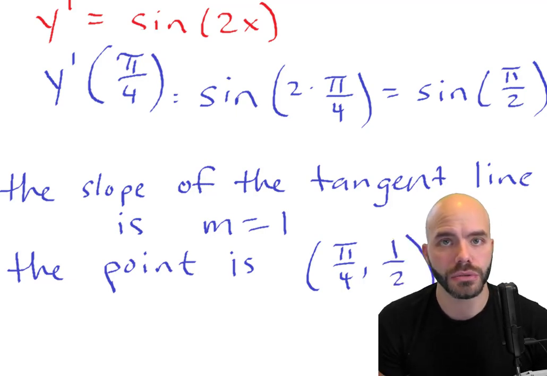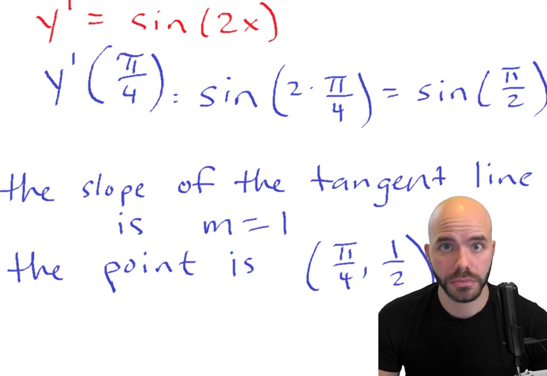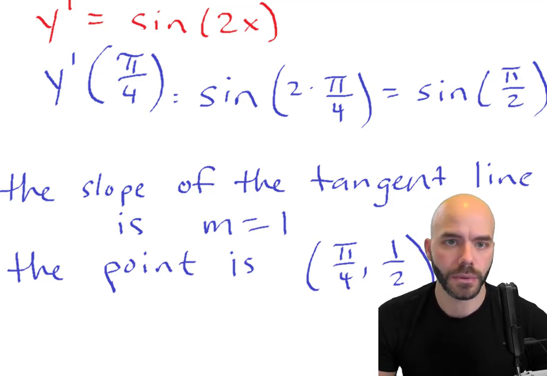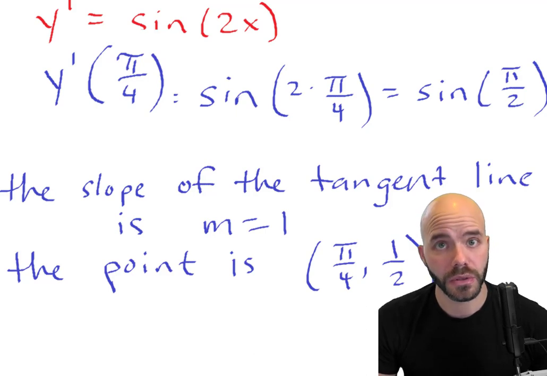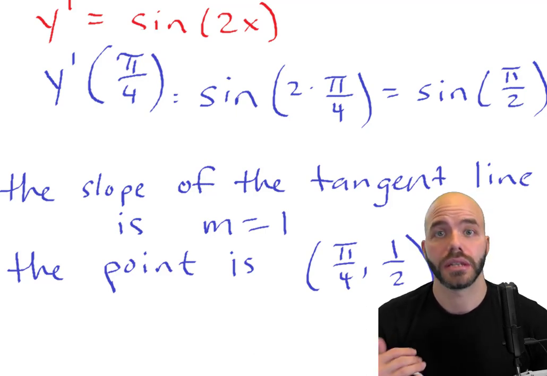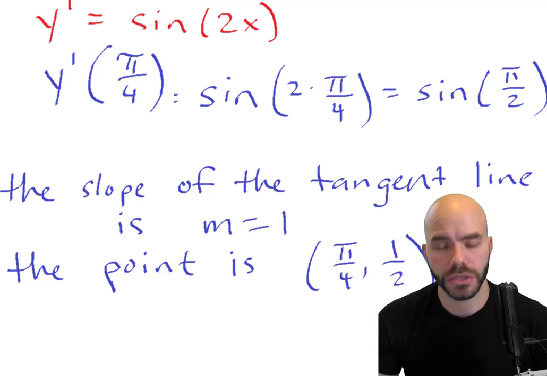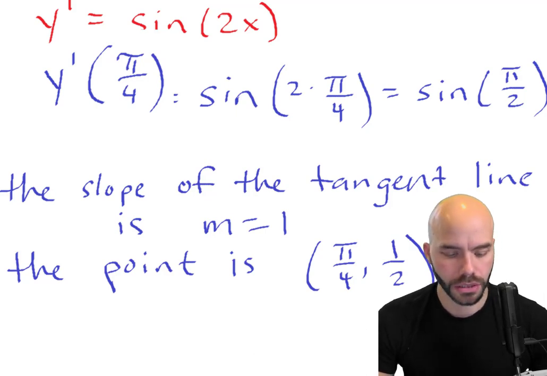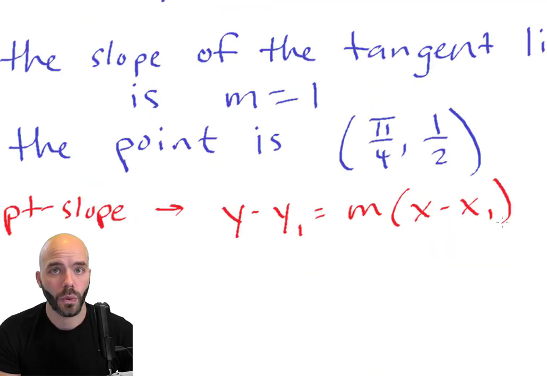So I like to use point slope form first because all we need is a point and a slope to find the equation of a line. And then if we were asked to express that in slope intercept form, which is the more commonly used equation of a line, we just solve for y. So point slope form looks like this. y minus y1 is equal to m times x minus x1. x1 and y1 are just the point through which we're trying to pass. And then of course, m is your slope.